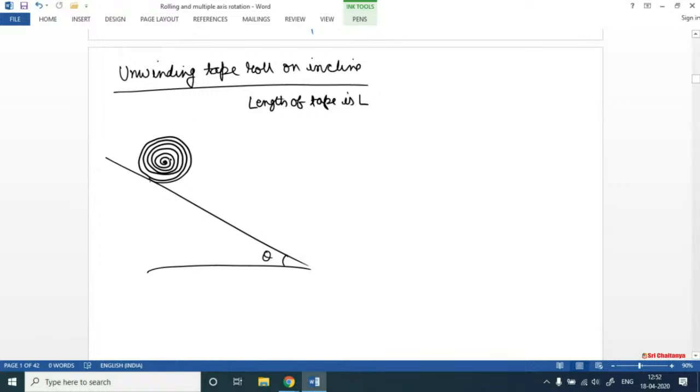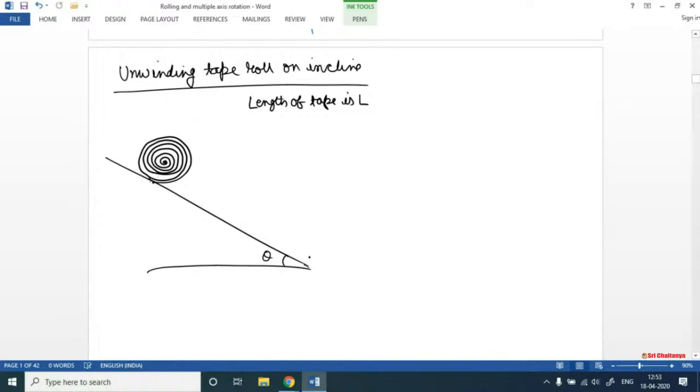Say initially it is somewhere on that incline, so we are not giving any height. What we are interested in finding out is, if it is not slipping, if it is simply unwinding or unrolling, so at this point of contact there is no slipping, can we find out how much time it will take to unwind?